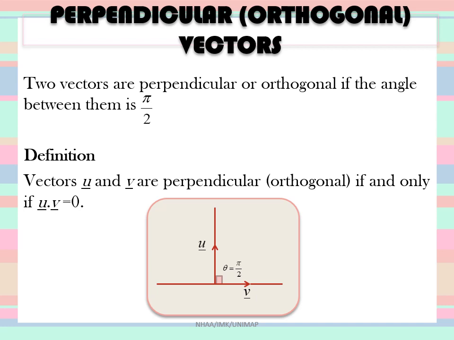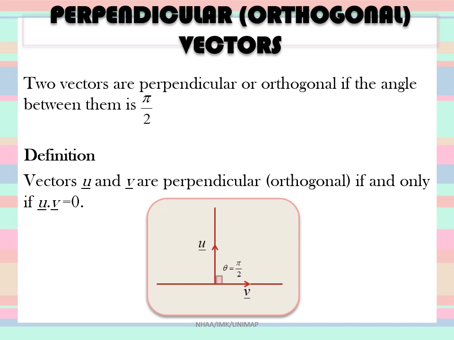Besides the parallel vector, applying dot product can tell whether the two vectors are perpendicular or not. Perpendicular is also known as orthogonal. These two words are similar and have the same meaning.